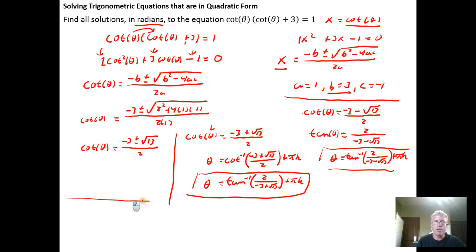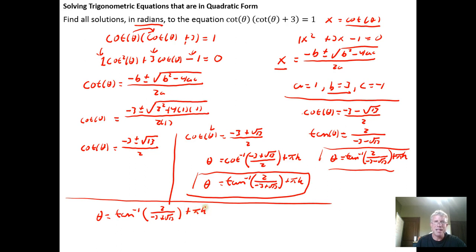So if we want to put it all together, we could say either theta is going to equal the tangent inverse of 2 over negative 3 plus the square root of 13, plus pi k, or the tangent inverse of 2 over negative 3 minus the square root of 13. Could we just go plus or minus right here and call it a wrap? I'm not going to do it, but that would sure be a fabulous way to write that.